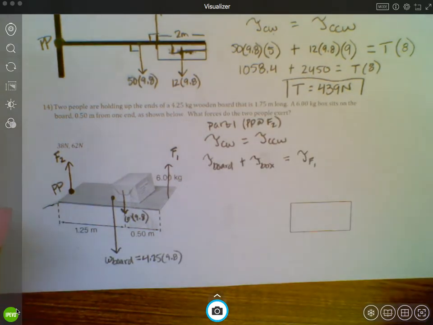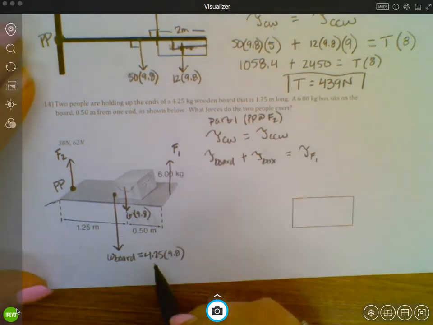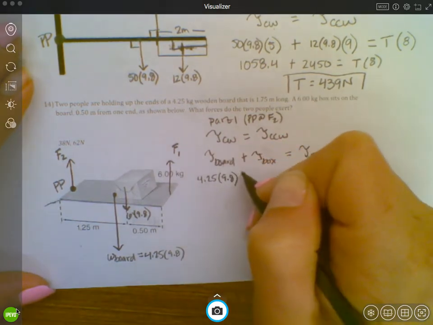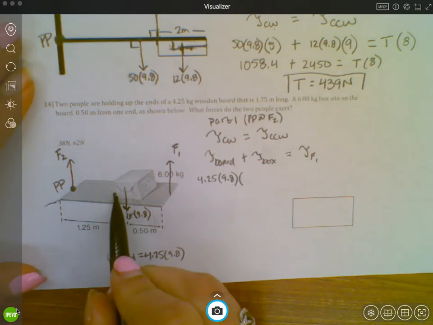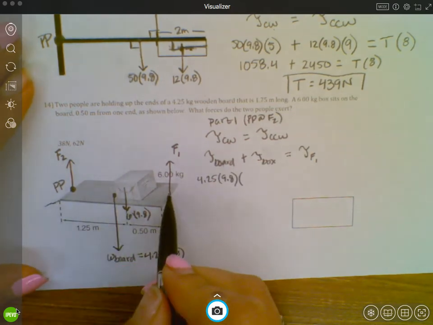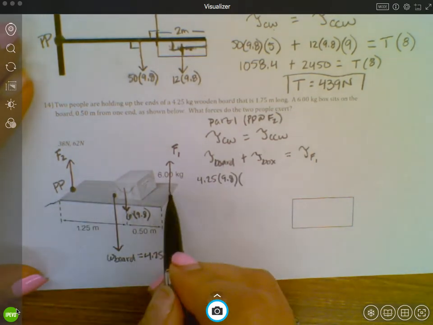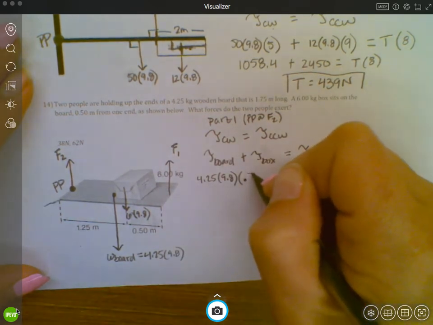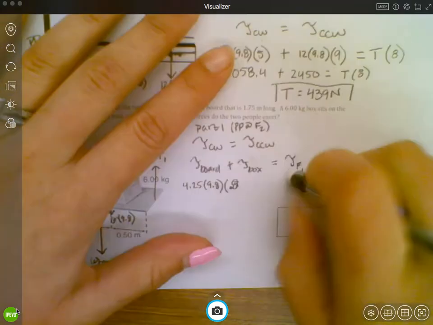Okay. Torque of the board is going to be the force of the board, so 4.25 times 9.8 times R. R is going to be half of the length of the board. So 1.75 divided by 2 is 0.875.